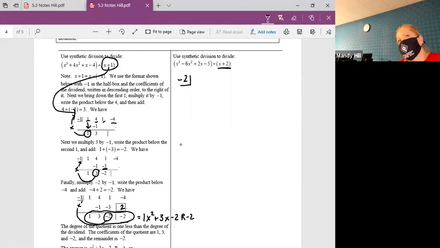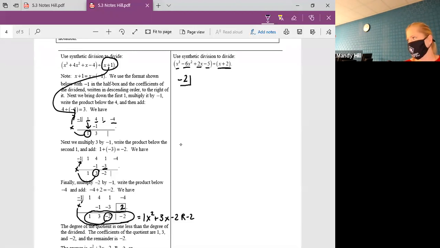The reason that this works is just like what we were doing up before when we were doing the division. Remember, we were having to subtract everything. Well, when we change it to a negative, it takes care of that subtraction that we were having to do before. Okay, the next thing you need to do is make sure that these are in order. So if I have x to the third, then I've got an x squared, then I would need an x to the first, and then our regular term.